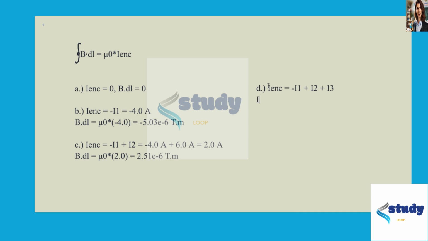When we add that up, I enclosed will be minus 4.0 plus 6.0 plus 2.0, which gives us 4.0. Now when we take the line integral, we multiply mu naught times positive 4.0. That gives us the same thing as part B, except now it's positive 5.03 times 10 to the minus 6 Tesla meters.